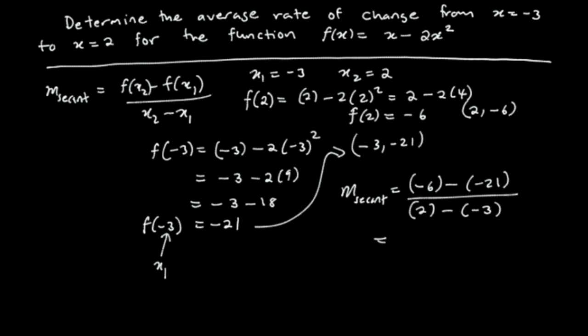So if you do all these operations, you get -6 minus -21, right? So -6 plus 21, you get 15 over 2 minus -3, which is 5. So the slope of the secant is basically 3. Okay, so that's the slope of the secant.